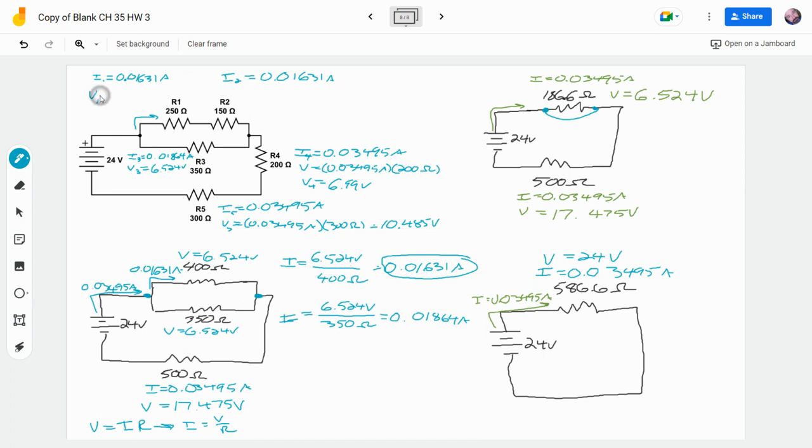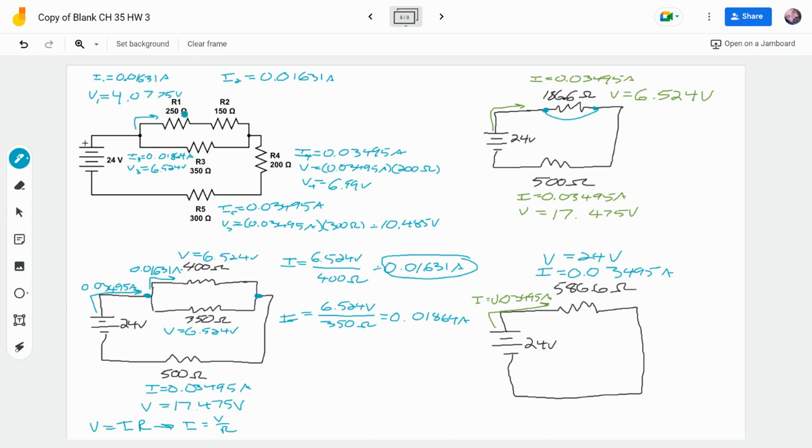So it's just going to be Ohm's law. I'm going to skip writing out the math here. But 0.01631, so that's I1, times R1, which is 250. So this voltage ends up being 4.0775 volts.